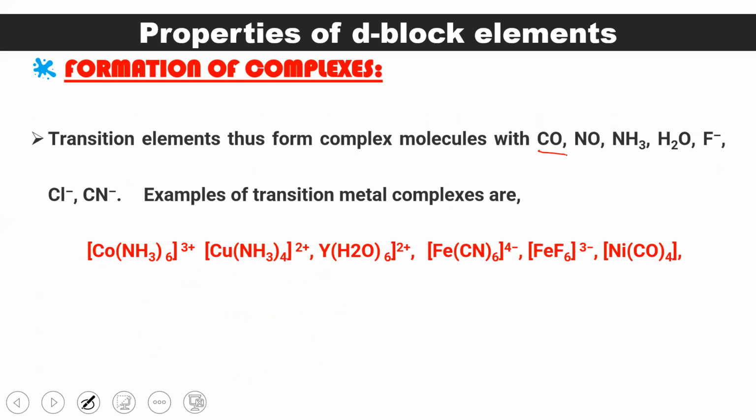Here are some examples of complexes. Here it is cobalt forming a complex with ammonia. Here it is copper, and here iron. This is also iron, and nickel, etc. So remember that most of the D block elements have the ability to form complexes.